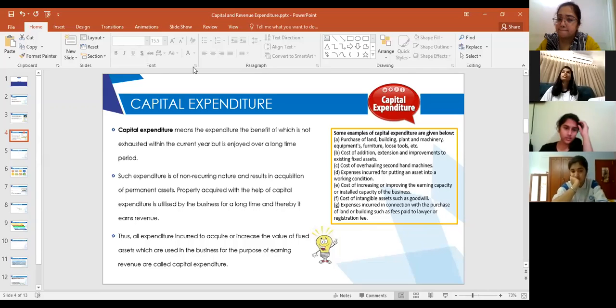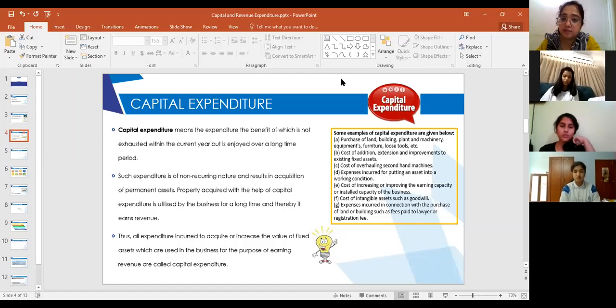Ma'am, all the expenditure incurred to acquire or increase the value of fixed assets which are used in the business for purposes of earning. I'm looking at the key points. Please highlight and understand the key points. Ma'am, expenditure of which benefit is not exhausted within the current year. Number two, results in acquisition of permanent asset. Okay. Number three, what is it saying? That it is non-recurring in nature. Very important.